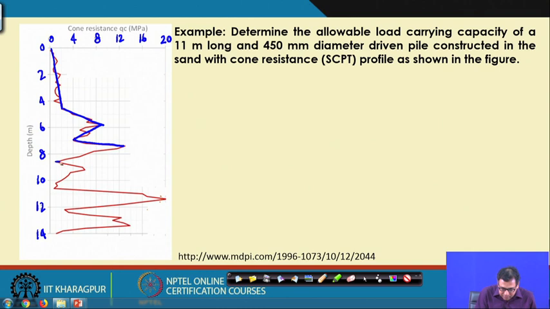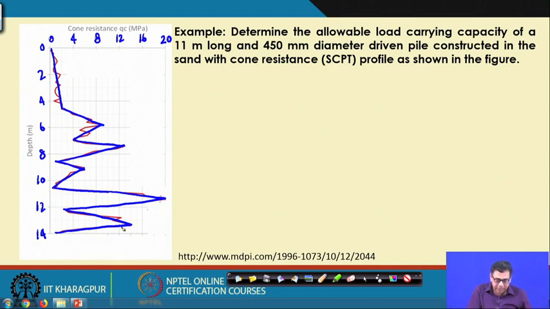Then this one like this, and then this one like this, and then the bigger one, and then this one, this one, and finally this one.